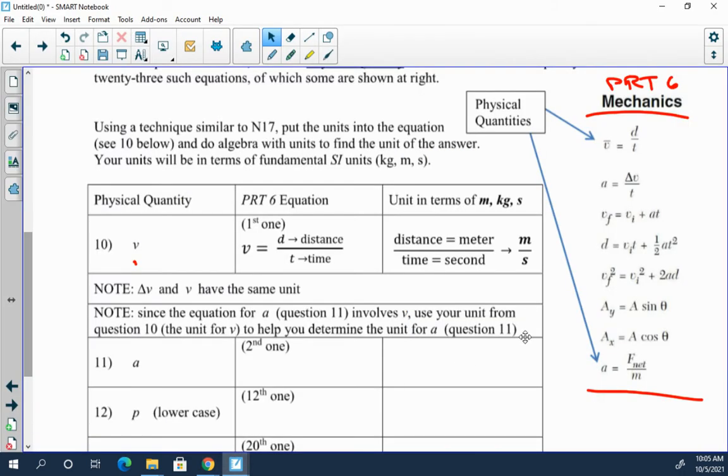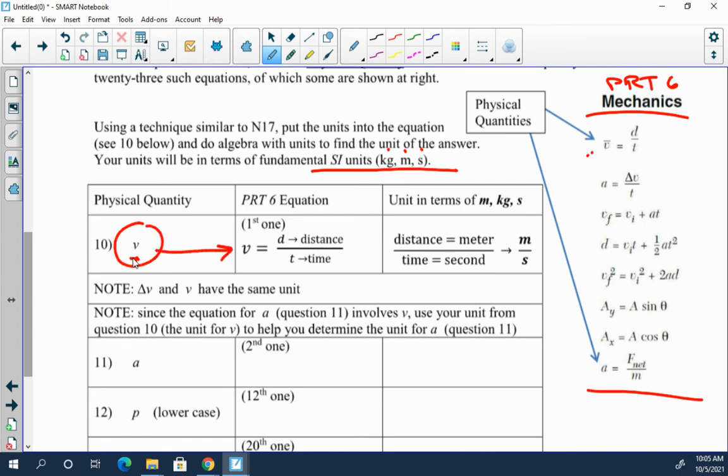Now let's go back over here. You need the unit for speed. Now miles per hour is not going to be it because that's not SI. We need SI in terms of kilograms, meters, and seconds. So how do we get it? We look at the equation for speed. Here is that equation. The equation is d over t. D divided by t. Now you know what d is and you know what t is.